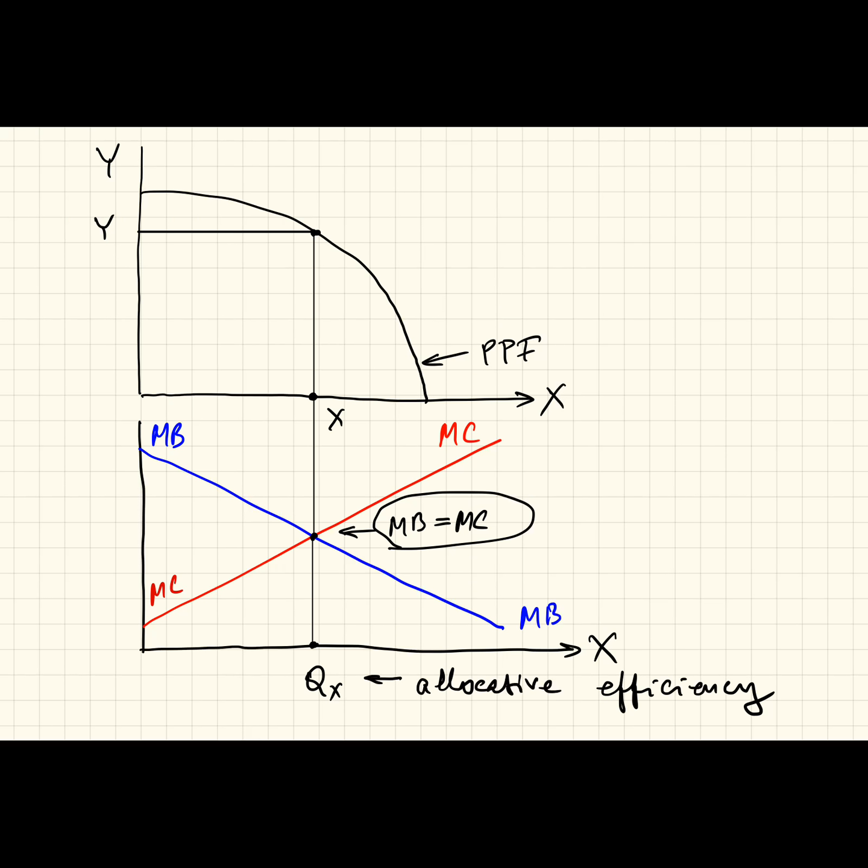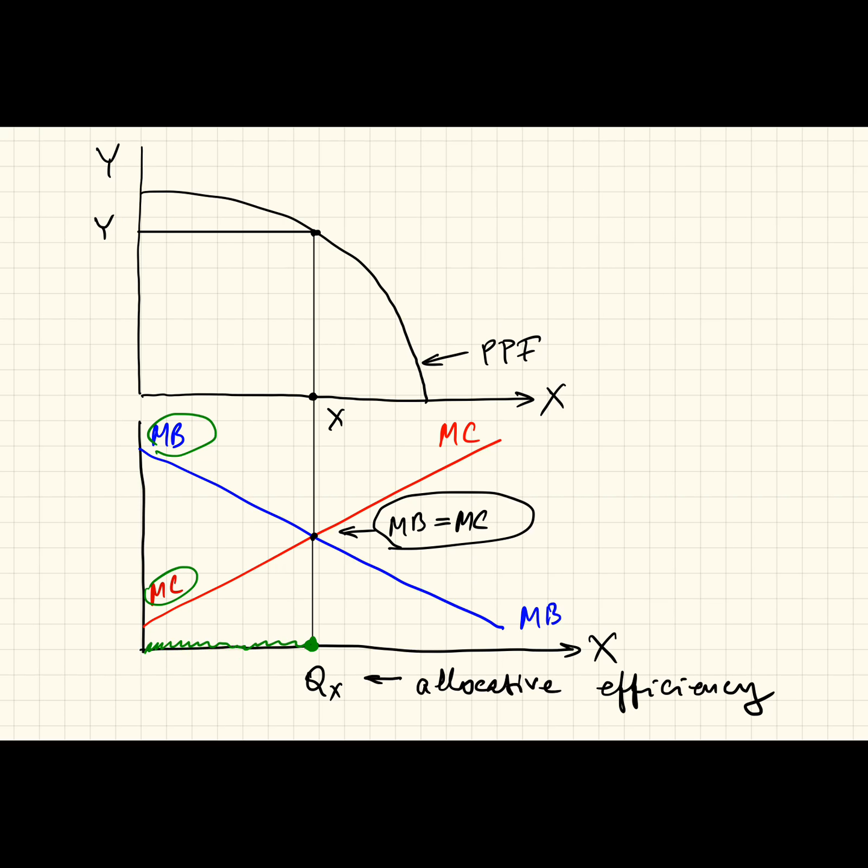Now, how does it make sense? Why does this equality mean anything? Well, what this equality means is that we are producing all units up to this point for which marginal benefit exceeds marginal cost. So being at this point, producing at this level of output, and actually consuming as well, means that we're producing all these units.